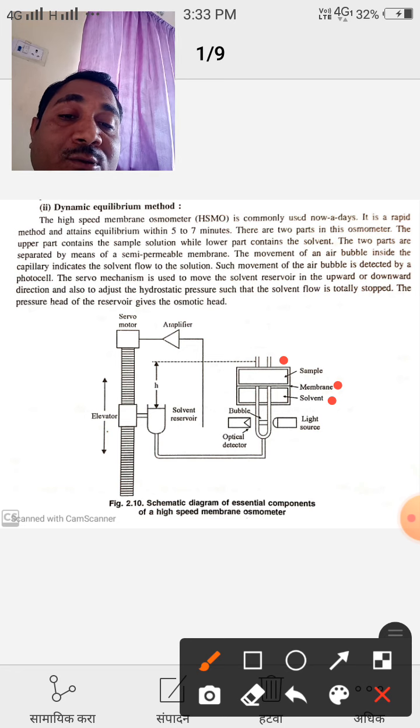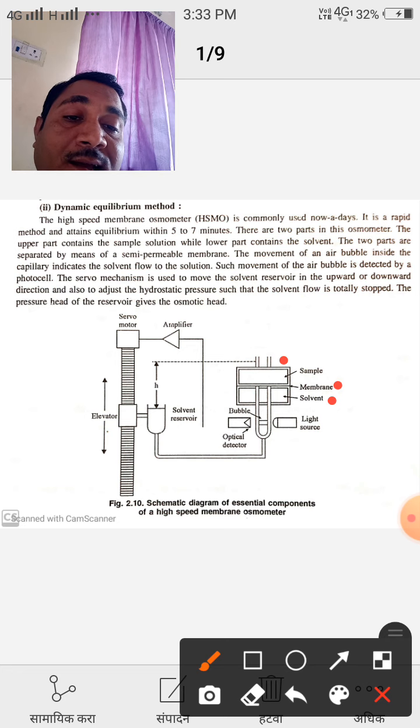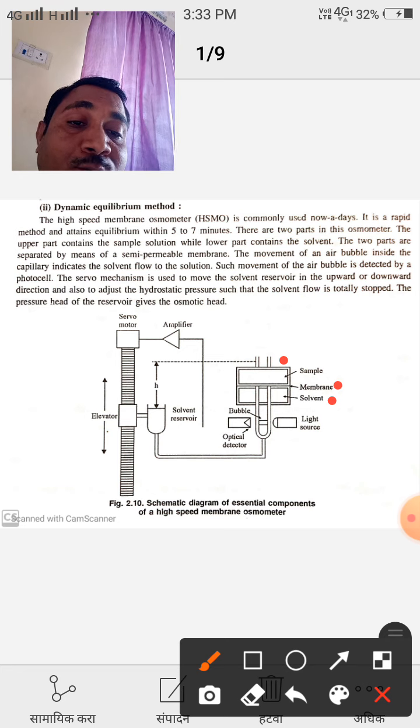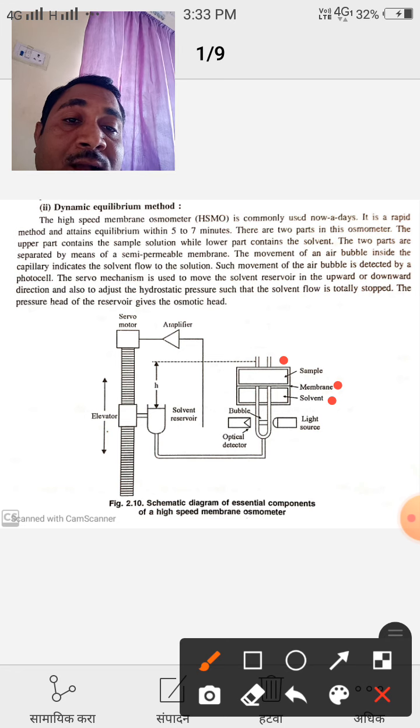So the diagram of the high speed membrane osmometer is given here, and in that diagram there are two compartments, the solvent compartment and the solution compartment, and there is one capillary used to move the air bubble.